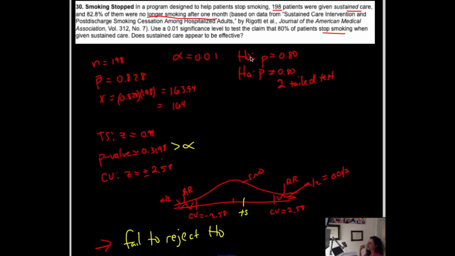If I'm failing to reject the null, I should be able to support the alternative? No. Failing to reject the null is not supporting the alternative. Failing to reject the null, there is insufficient evidence to support the alternative, which says that it's not equal to. So again, failing to reject the null, I can support the null, which says that it's equal to. Failing to reject the null says that I cannot support the alternative, which says that it's not equal to.